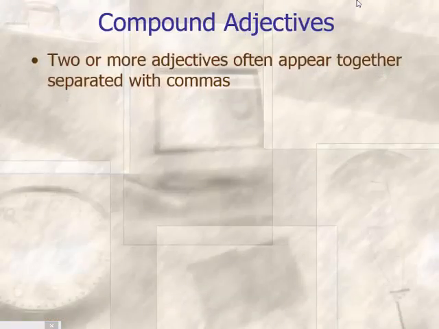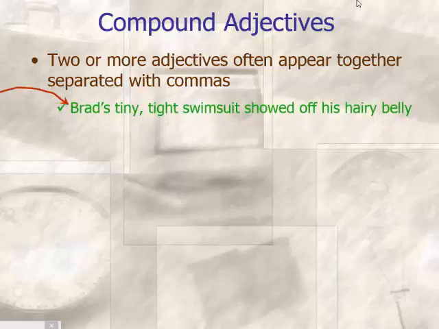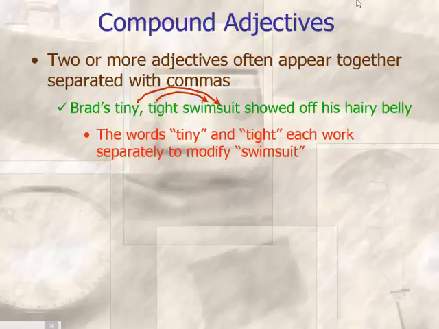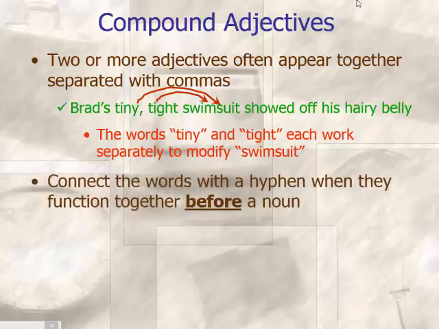Compound adjectives. Two or more adjectives often appear together separated with commas, like Branstini takes off his teeny, tiny swimsuit off his hairy belly. The words teeny and tiny each work separately to modify swimsuit.